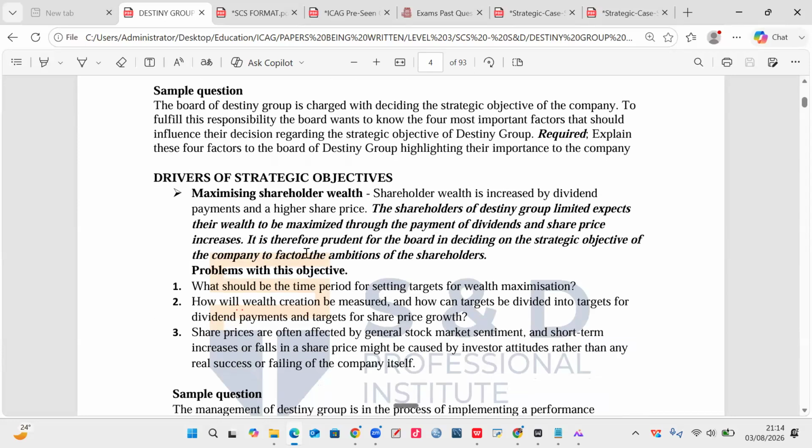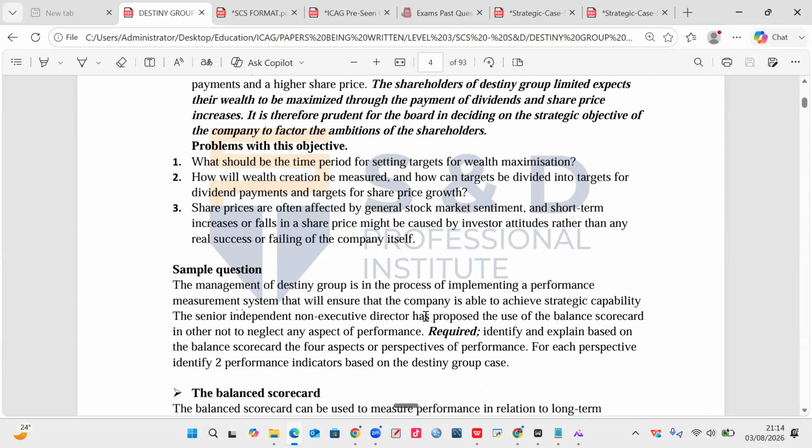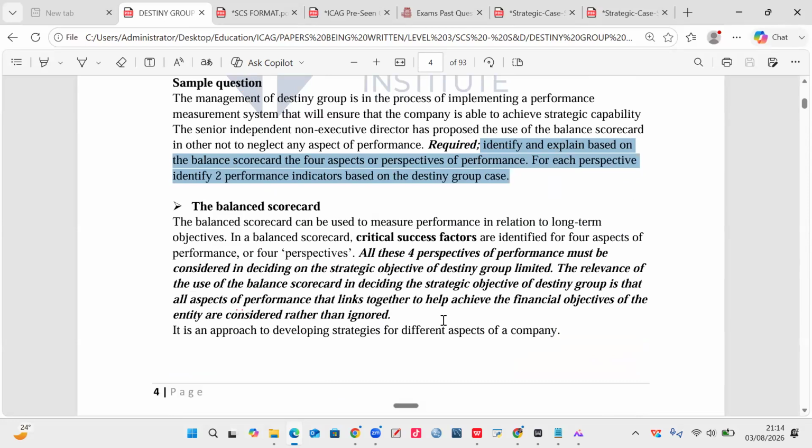When he explains it, he gives a sample question, a simulation of how the question can be asked: identify and explain, based on the balanced scorecard, the 4 perspectives of performance. For each perspective, identify 2 performance indicators. Then he will show how the question can be answered.